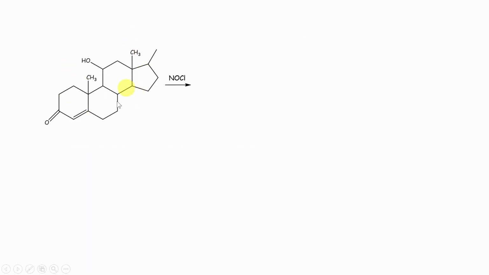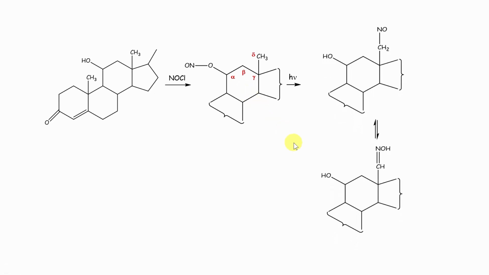This is an example of application of Barton's reaction in steroids. This steroid molecule, on treating with nitrosyl chloride, forms the corresponding nitrite ester, which on irradiation or photolysis, see this molecule containing a delta carbon atom with hydrogen, undergoes the Barton reaction forming nitroso alcohol.